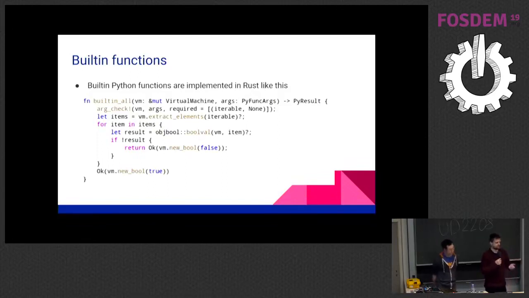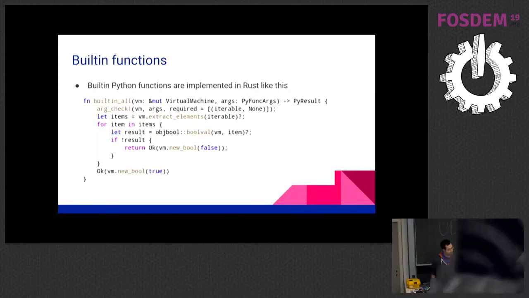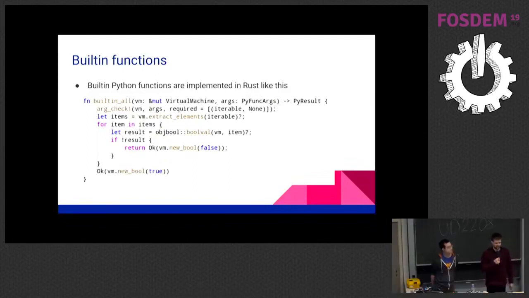So someone made a macro for this, which is very handy to check the types which you pass, because Python is really dynamic. But here we want to know what are the Python types of the args you pass in this function. And then we perform the functionality of the all method, which is to check if all the elements in an array are true or not. And then in the end we say return new bool.